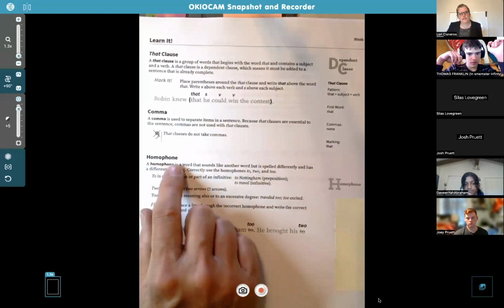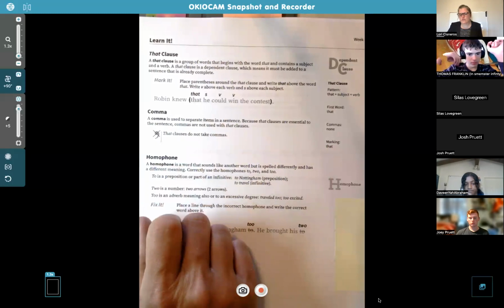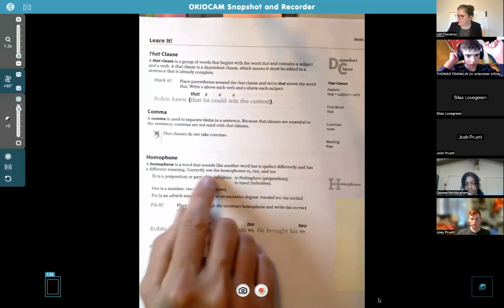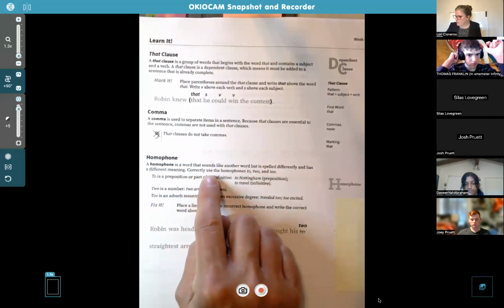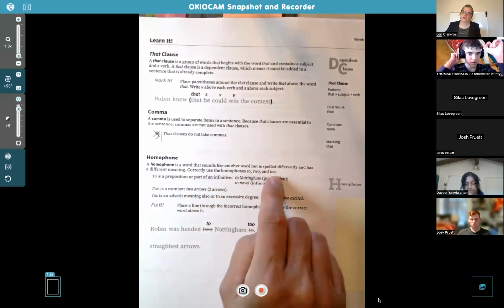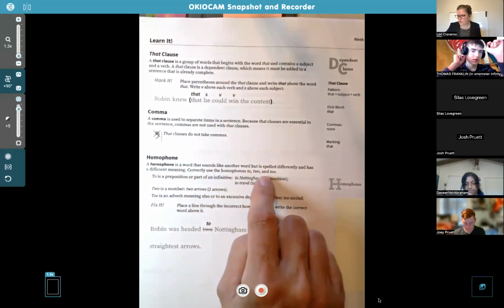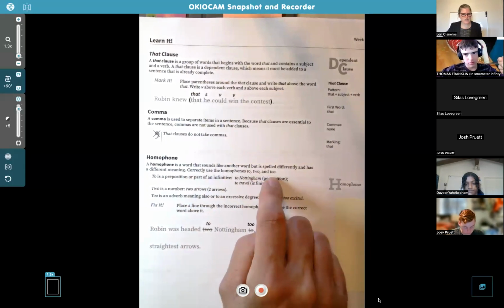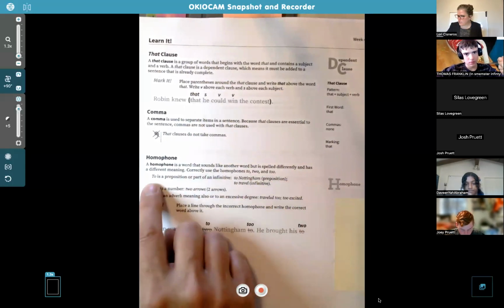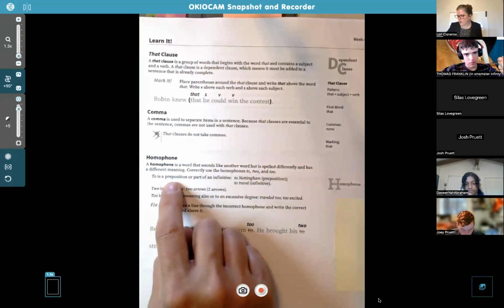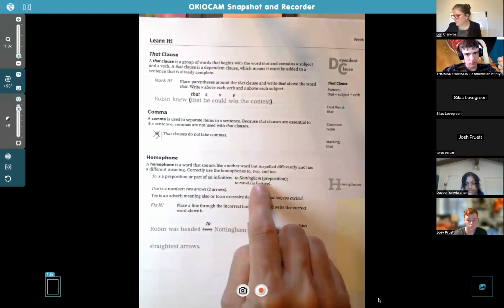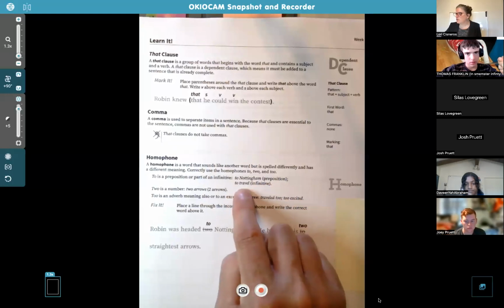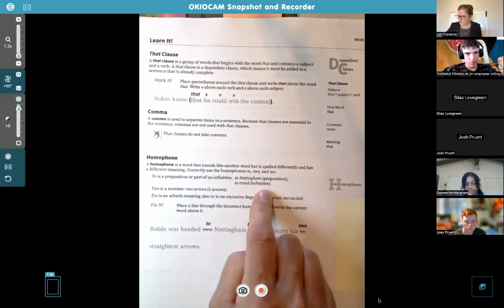A homophone is a word that sounds like another word, but is spelled differently and has a different meaning. So correctly use the homophones to, too, and two. They all sound the same, but are spelled differently and have different meanings. To is a preposition or part of an infinitive. To Nottingham is a preposition. To travel is an infinitive.